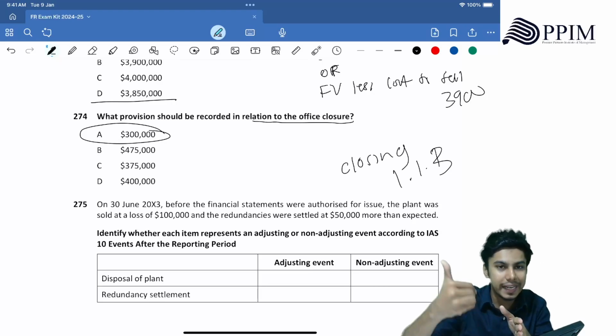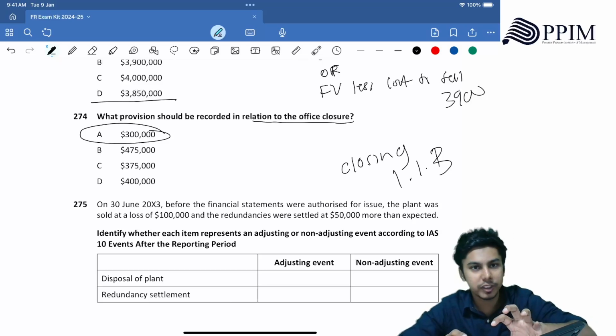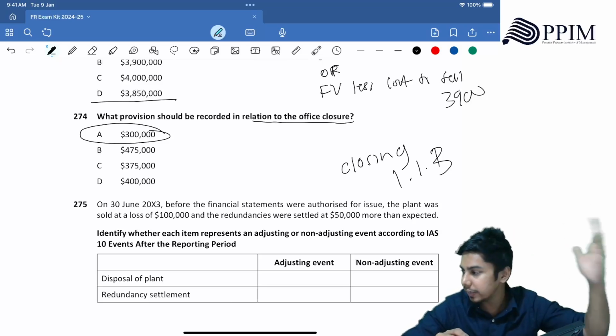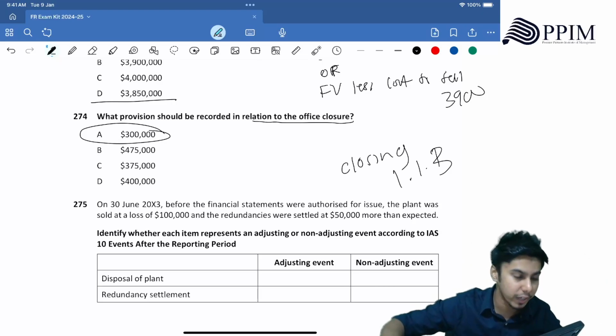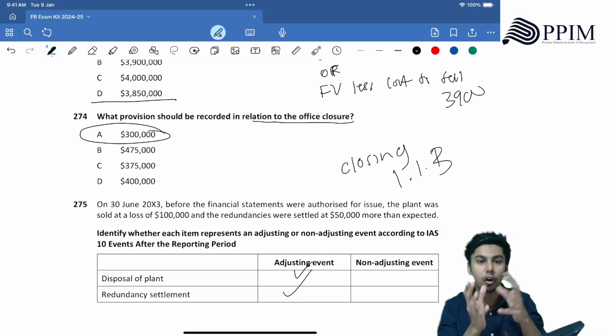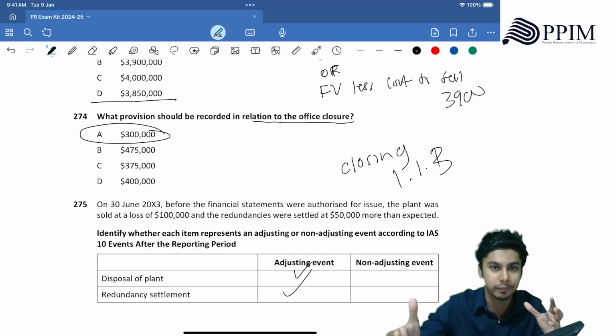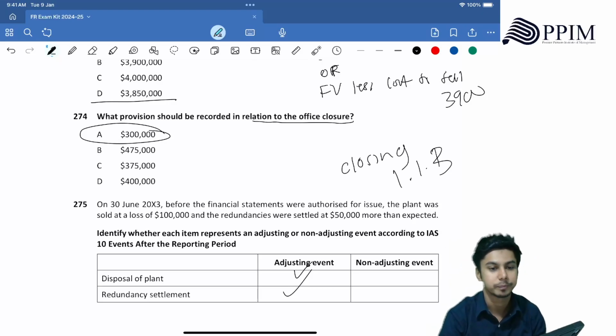Now the reporting date, I believe, is in March. We decided to close the division in January. So was the evidence already there before the reporting date? Yes. Therefore, both will become adjusting events because already we know something like this is happening. So therefore, it becomes an adjusting event, 275.